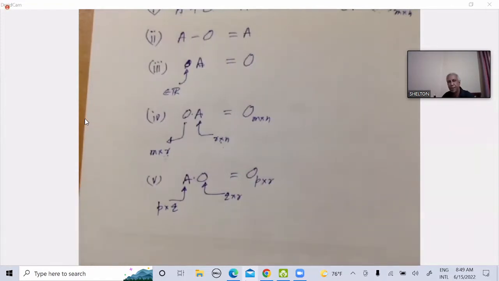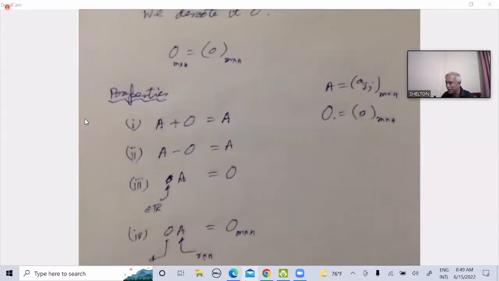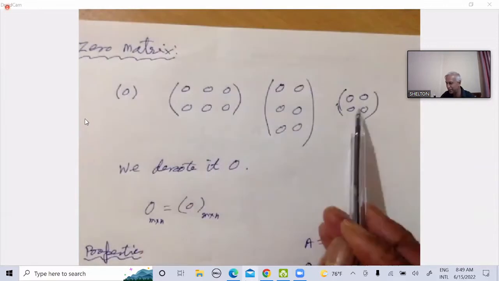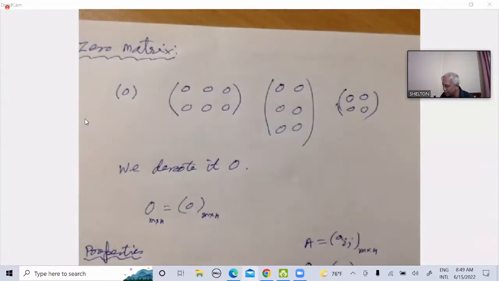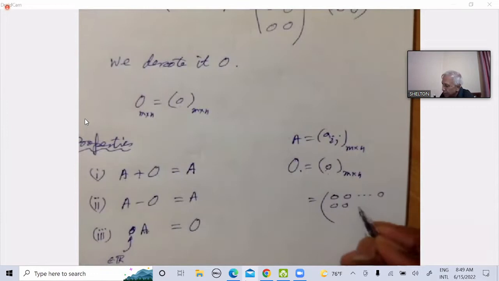That's all you need to know about the zero matrix. I have given enough examples of zero matrices in general. Every row is 0, 0, 0, all zeros.